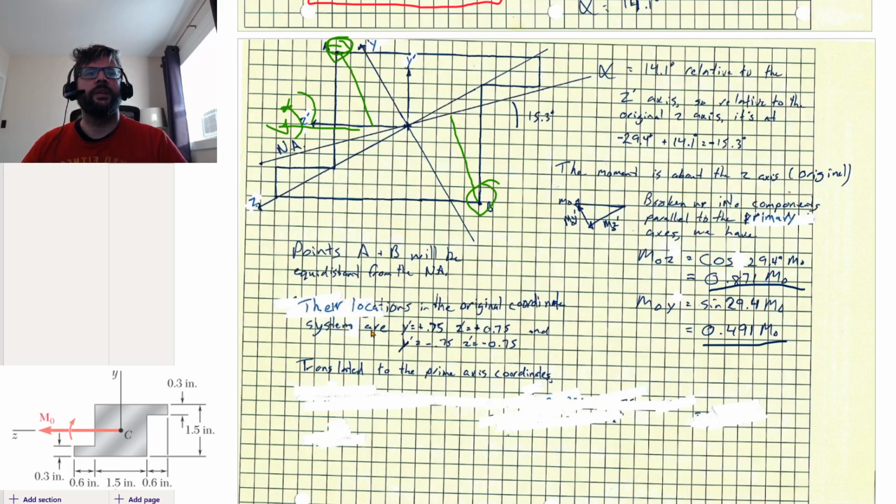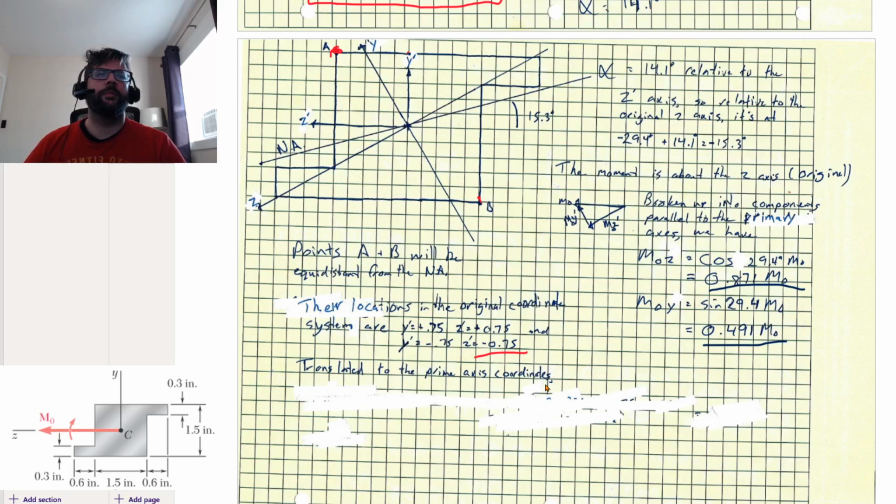So we got the locations in the original coordinate system. Location of this one here is at a positive y prime of 0.75 and a positive z prime of 0.75, and then over here the opposite, minus 0.75, minus 0.75.